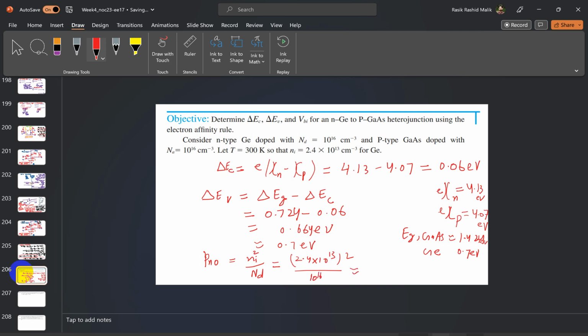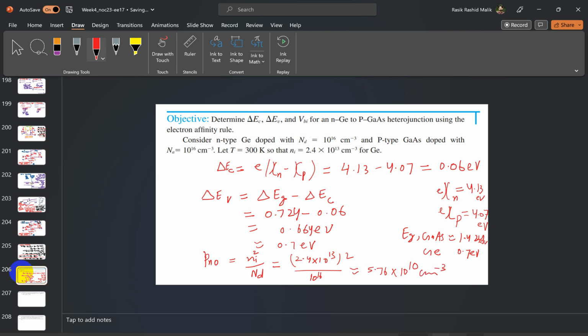So if I use my calculator, it is coming out to be 5.76 into 10 to the power 10 per centimeter cube.